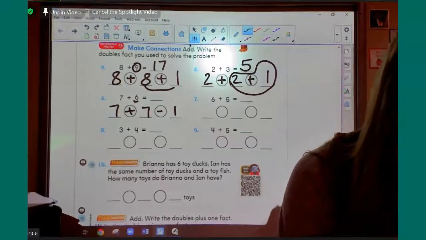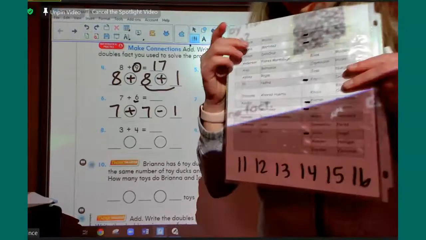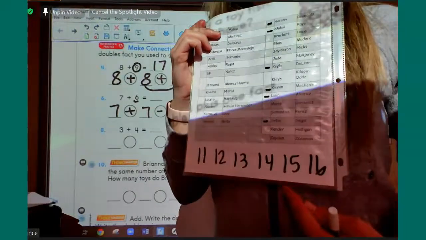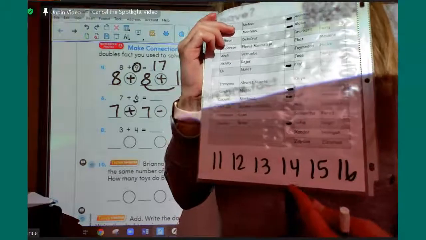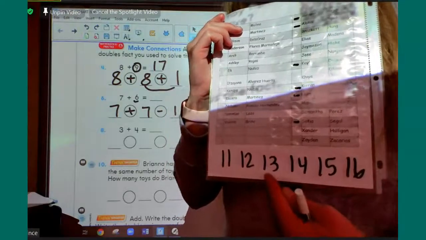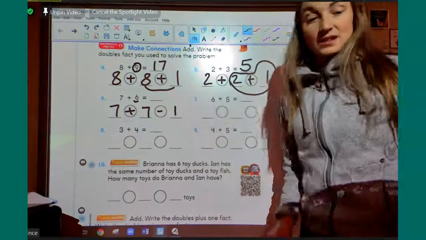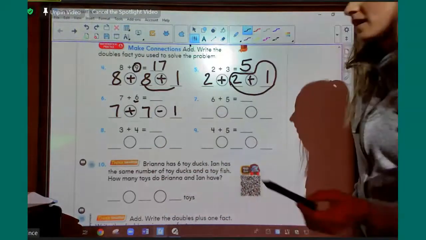So if we're going backwards on our number line, 16, 15, 14, we're at 14. Now I want to go 1 more down. 13. 13. So 7 plus 6 is? 13.